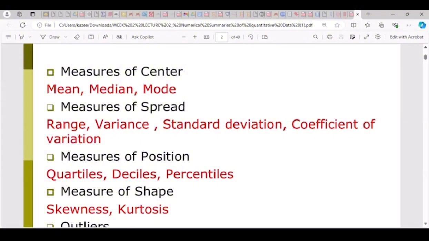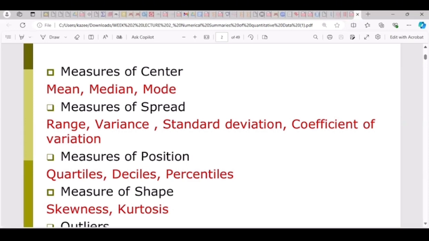The measure of spread, on the other hand, is talking about how far on average the rest of the observations are from the center. I'm going to say that again. When I say how far on average, I actually want to look at how they spread out.